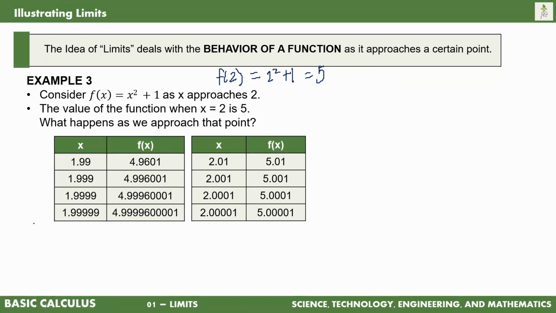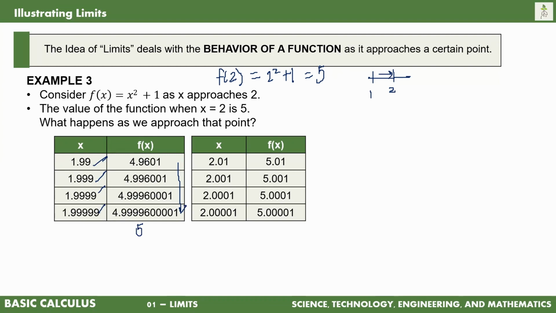Ayan. So, let's start on the left side. So yan, ito yung 2. So ito yung 1, para lang din mas malinaw. Habang lumalapit ka sa 2, so that's 1.99, 1.9999, and so on. The value of f of x, kung titingnan nyo yung trend, 4.9601 hanggang nakarating sa 4.999, it's approaching 5.